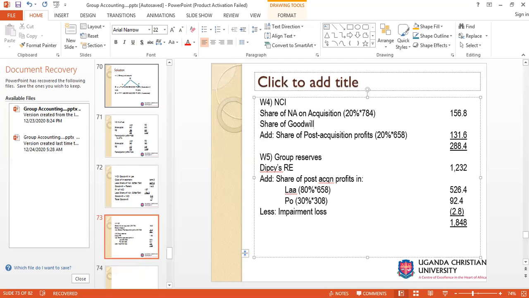So the total goodwill is shared by the parent and the NCI. The NCI has its own goodwill based on 20%, and the parent has its own based on 80%.